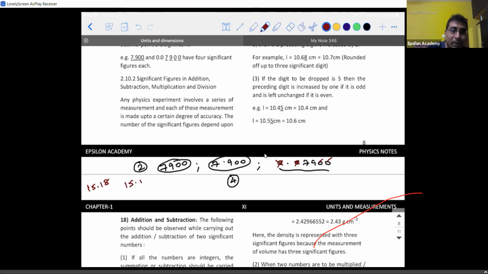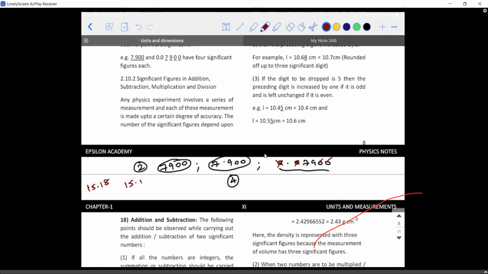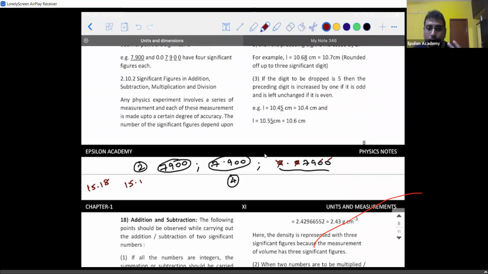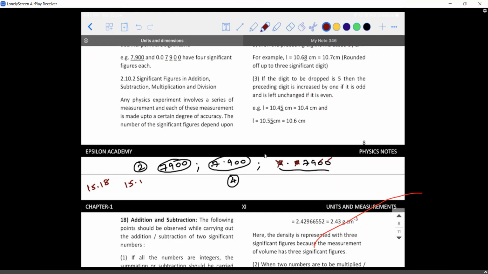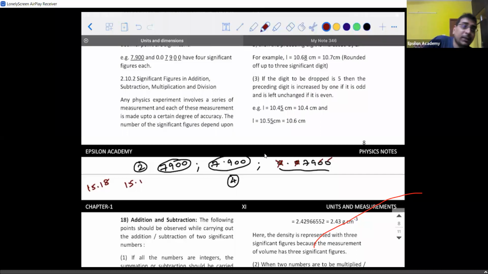Which one is more precise? The first one. Why? Because in the second one, we can only report till 3 digits, whereas in the first one, we can report till 4 digits.